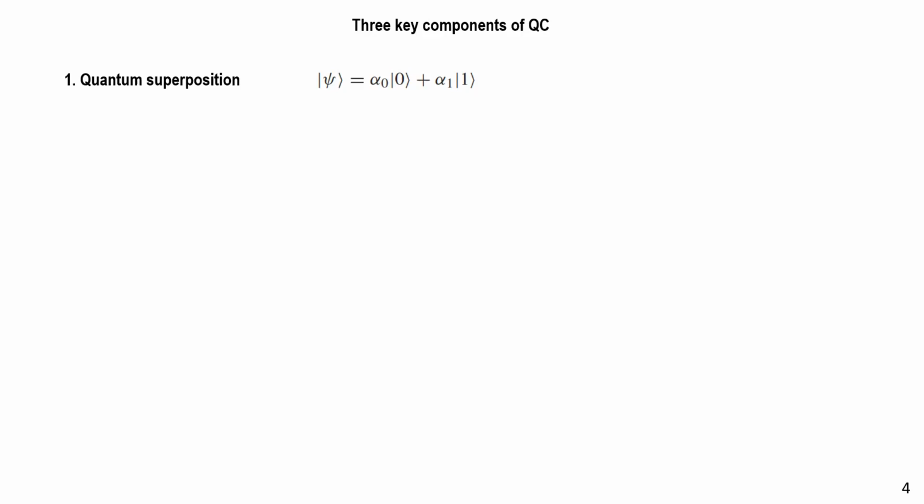The first ingredient is quantum superposition. If we have a quantum object that can be in at least two, or several, basis states, like for example here state 0, state 1, or a larger number of possible states, we have to take into account all of them.